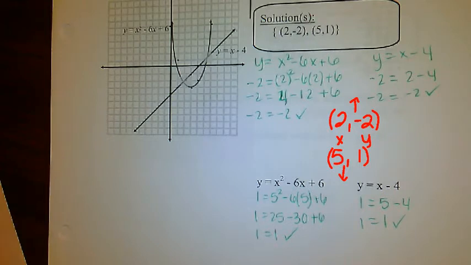I checked on both sides, and they did both equal each other. You have two solutions, so you have to do two sets of checks. You don't have to unless it specifies that you do, which it did in these directions. But it's a really quick, easy thing you can do, so why not?